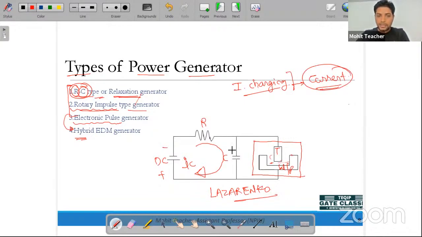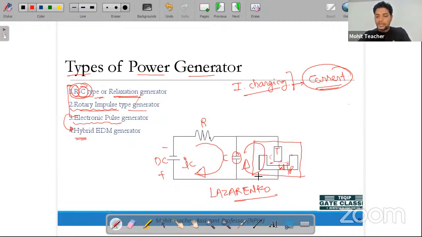Second, when the capacitor is 100% charged, at that time, because as I said we are using the pulse controlled generator, the capacitor is the best source for generating the pulses. So once it is fully charged, we discharge it to supply the current to the workpiece and tool circuit. At that time we are discharging.